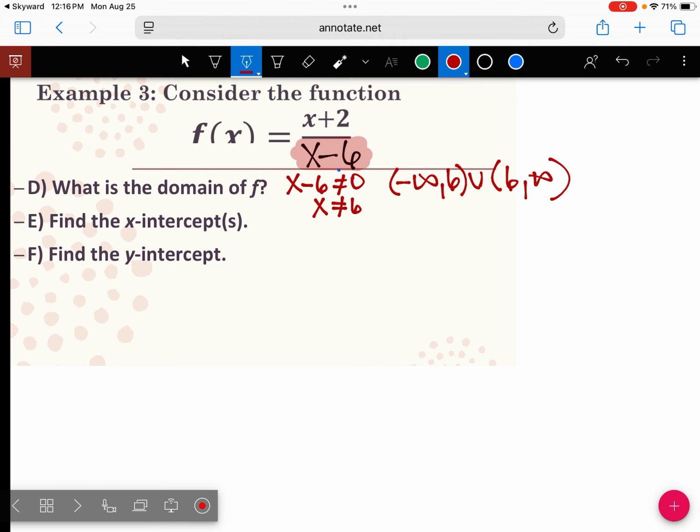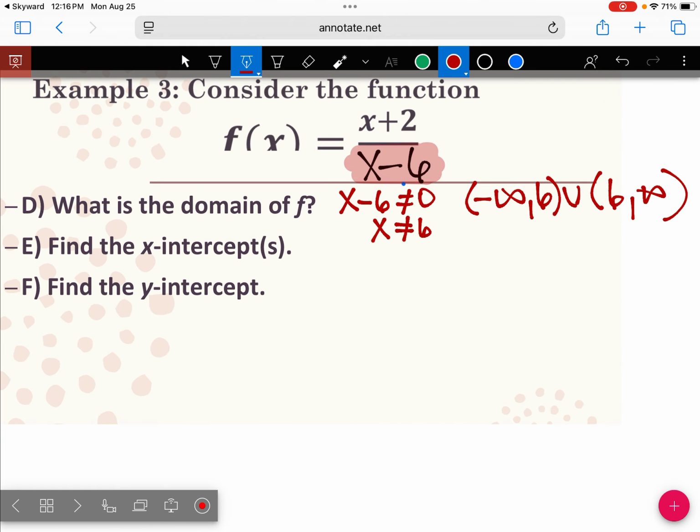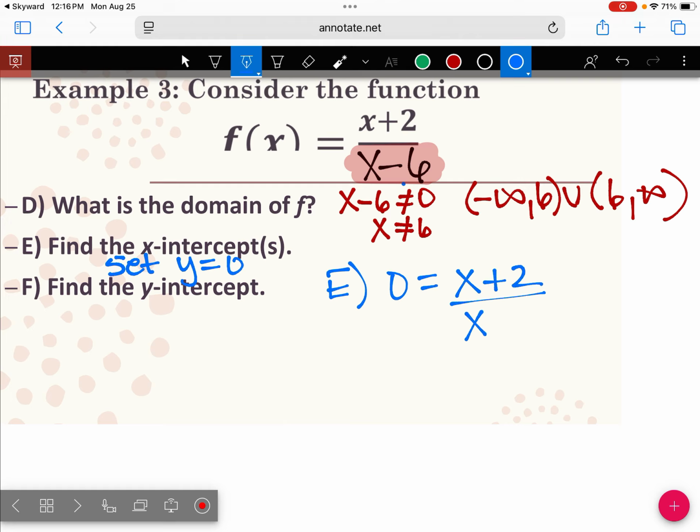All right, how do you find the x-intercept? When you're trying to find the x-intercept, you set y equal to 0. So I'm going to make this 0. So for part E, 0 equals x plus 2 over x minus 6. 0 also has a denominator of 1, so you can write the number 0 over 1.